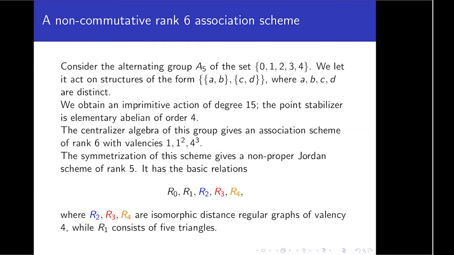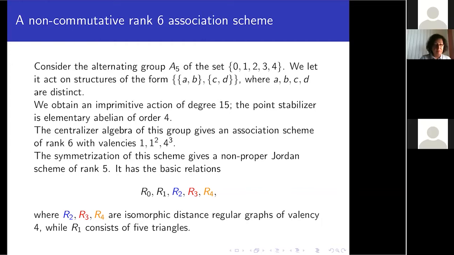Misha gave an example on 15 points of a proper Jordan scheme. I would like to give another illustration, another model of this, which may help to understand it.